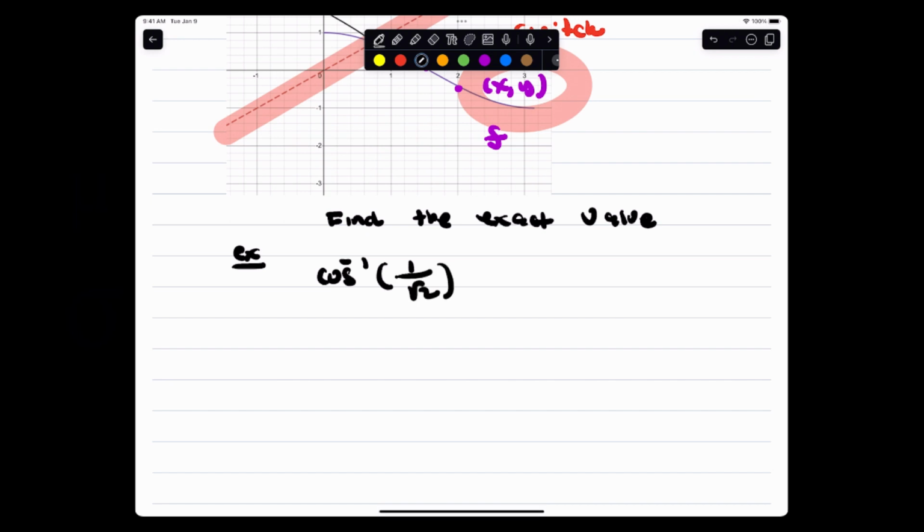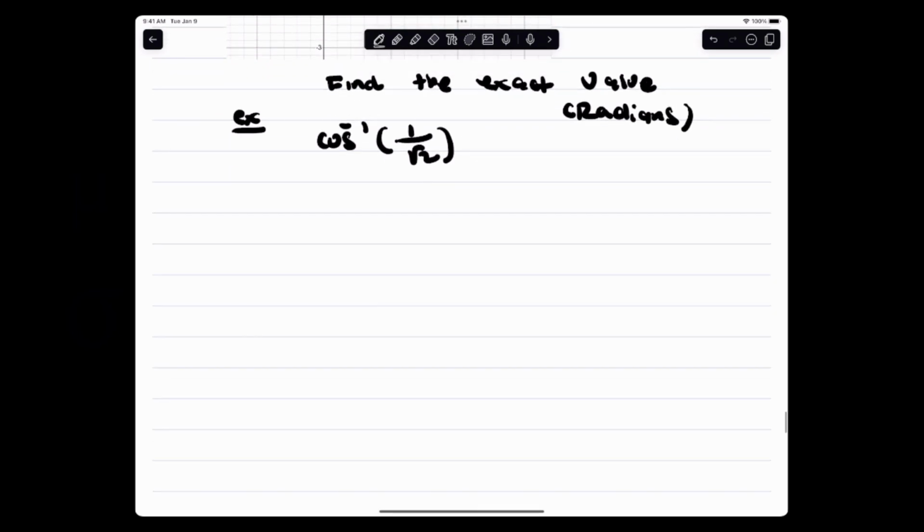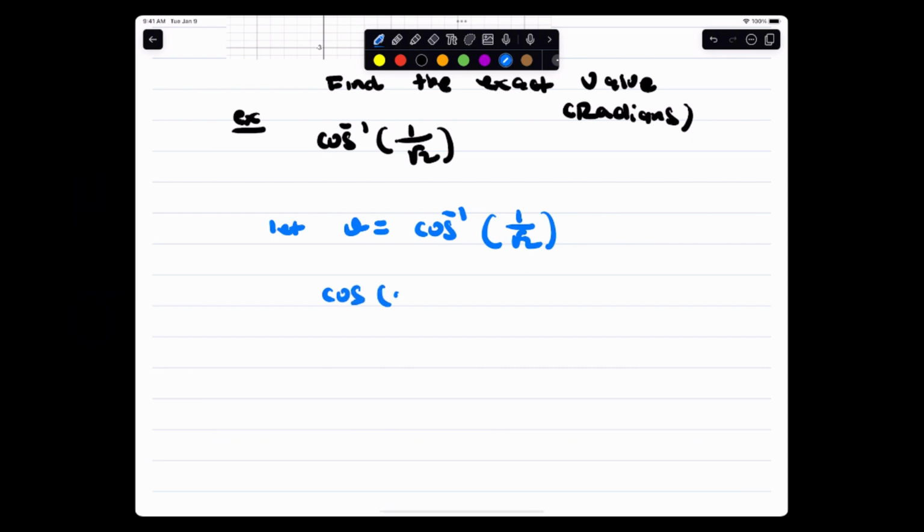Find the exact value again, and they want it in radians. The process is the same. You're going to let theta, the angle theta, be inverse cosine of 1 over the square root of 2. That now means cosine theta is 1 over the square root of 2.